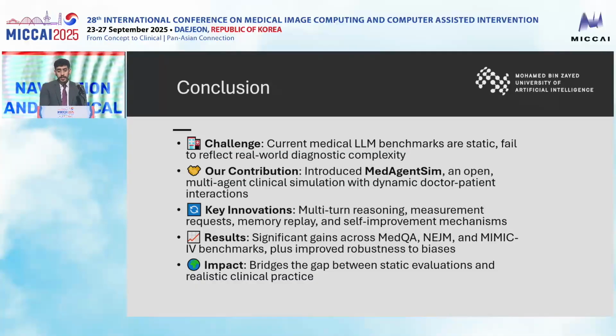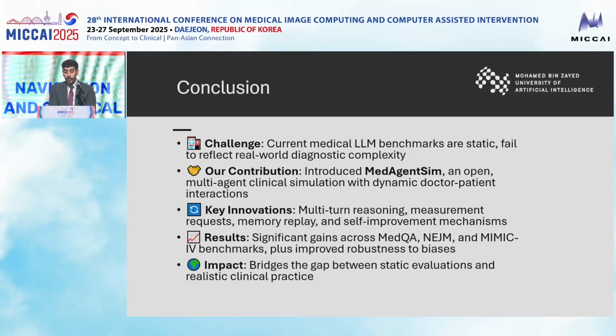To summarize, the main challenge we set out to address in current medical AI benchmarks is that they're static. They don't reflect realistic diagnostic practice, which is multi-turn, uncertain, and test-driven. With MedAgentSim, we introduce an open, multimodal, multi-agent simulation where doctors, patients, and measurement agents interact in a realistic manner.